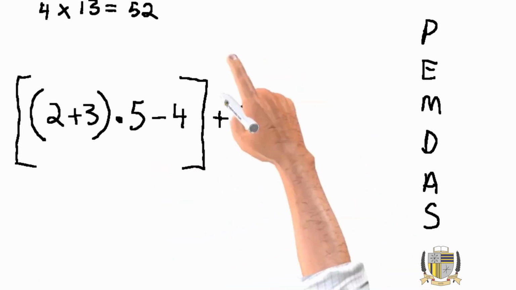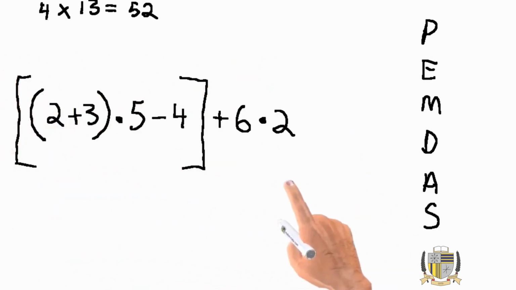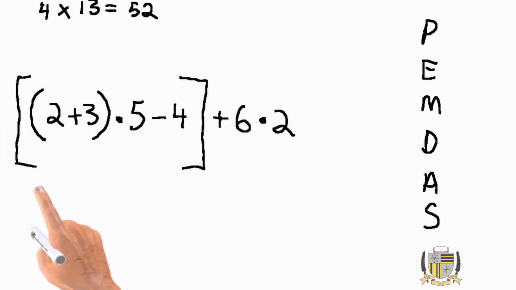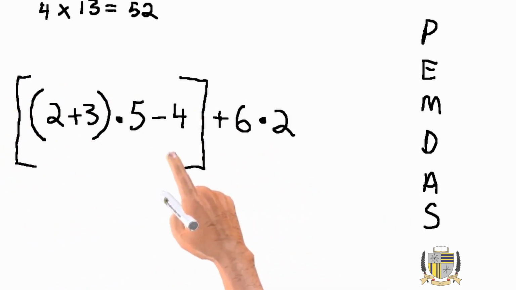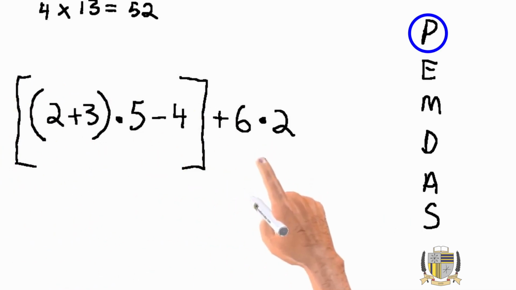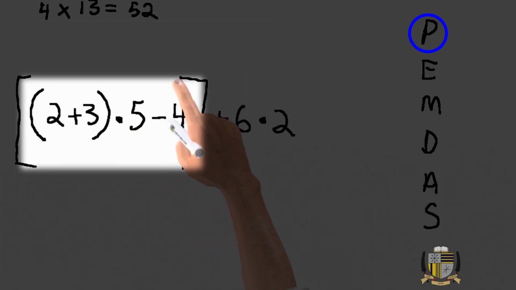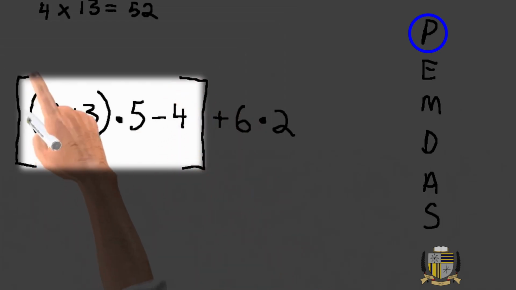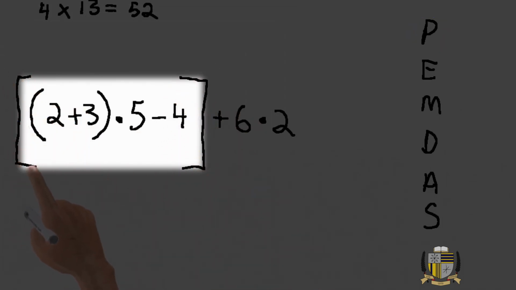Looking at the initial general problem, do we see a parentheses? Yes. We see this larger parentheses. So we're going to have to jump in here.